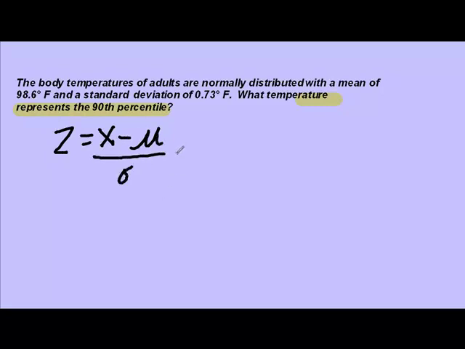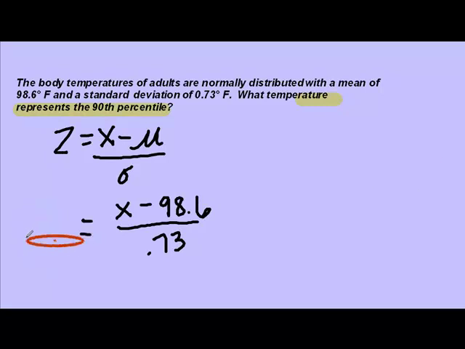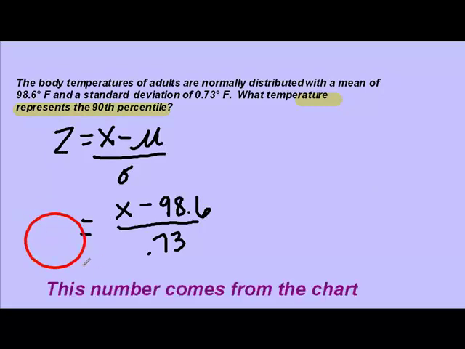In this instance, x is something I don't know, minus mu of 98.6, and divide that by the standard deviation of 0.73. What I have to also know in order to finish this problem is what goes right here for z. This number will come from the chart.